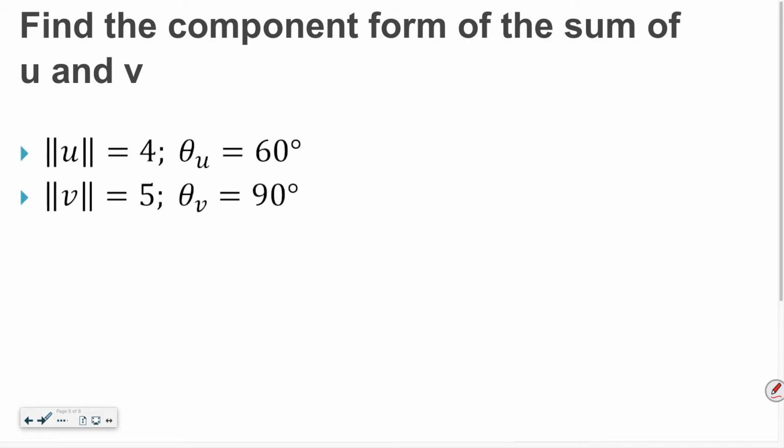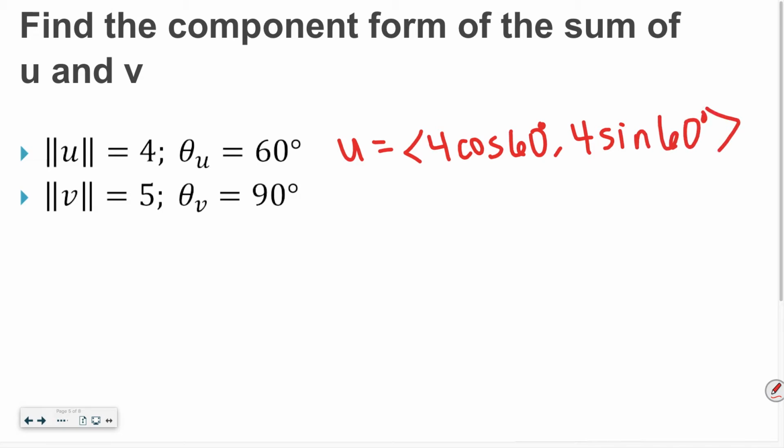All right? So for vector U, our magnitude is 4, and our angle is 60. Kaden, what's the cosine of 60? Is he even sure?